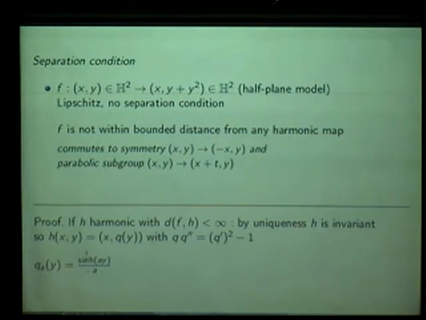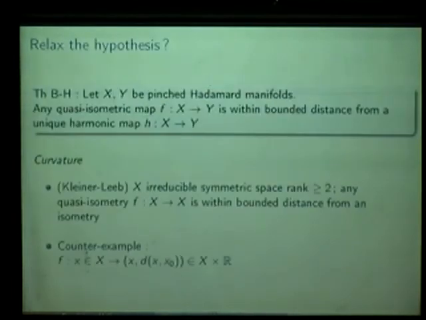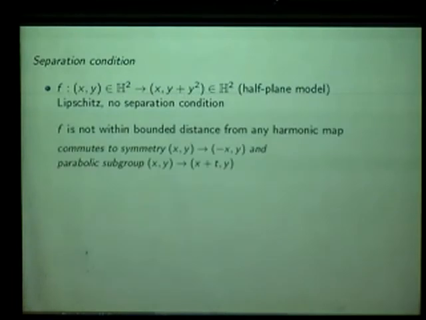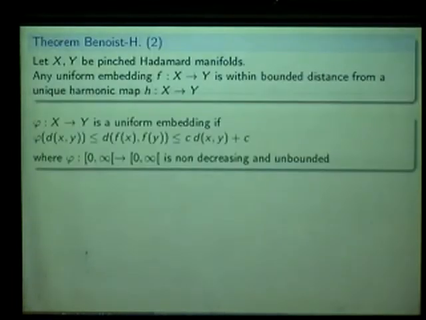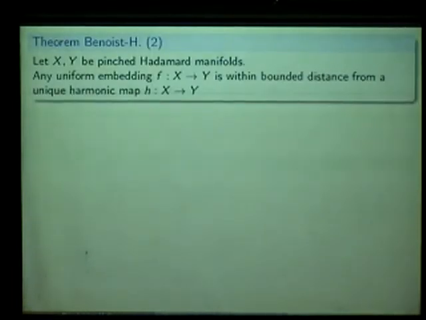So what does this mean? It means that in our theorem, you cannot brutally remove the separation condition in the assumption that F is quasi-isometric. Nonetheless, you can weaken this separation condition.